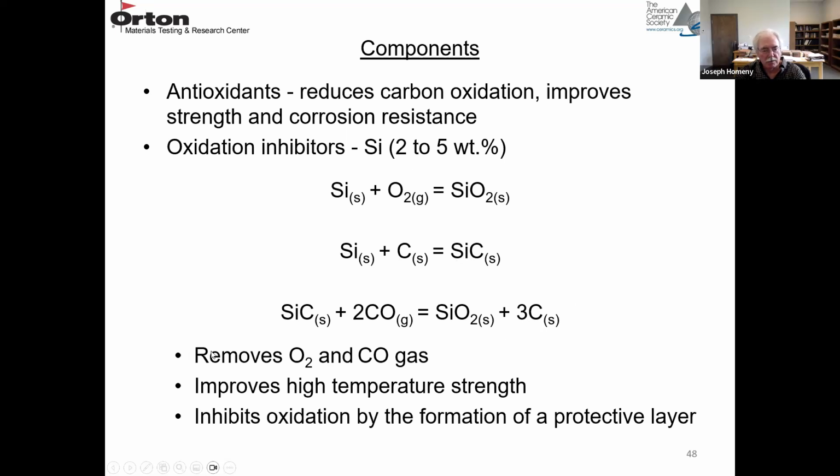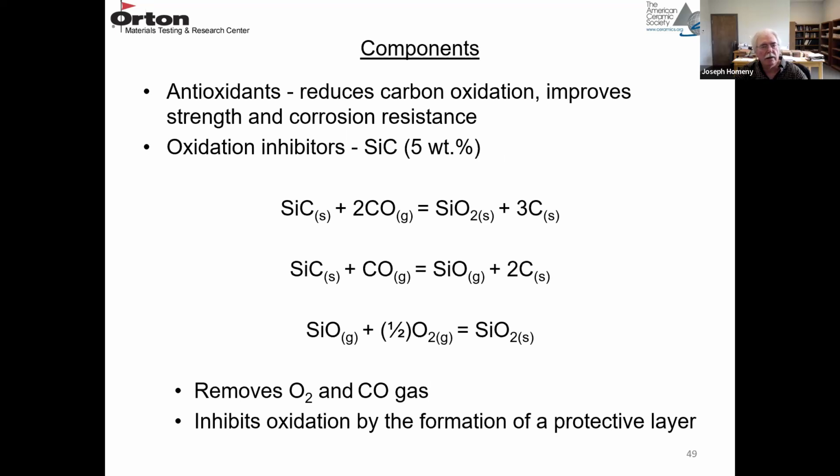So any of these reactions are removing oxygen and CO gas, and they're forming a product that provides high temperature strength, is blocking the pores, and basically it forms a denser layer. It inhibits oxidation by forming this denser protective layer. That's the idea behind all of these antioxidation agents.